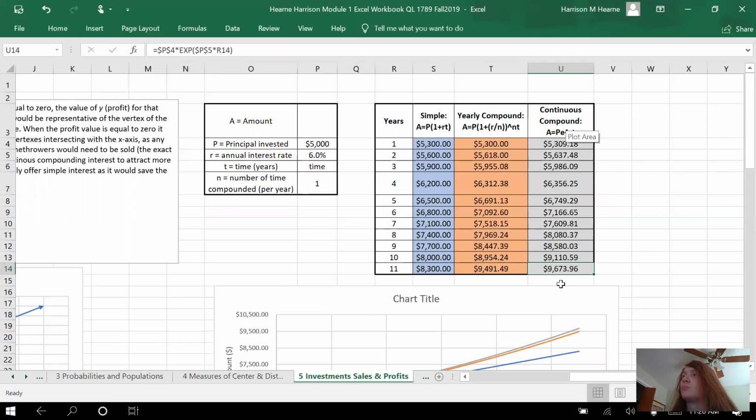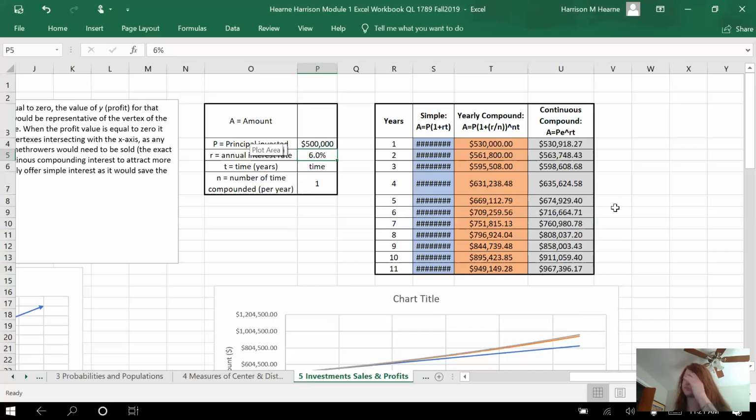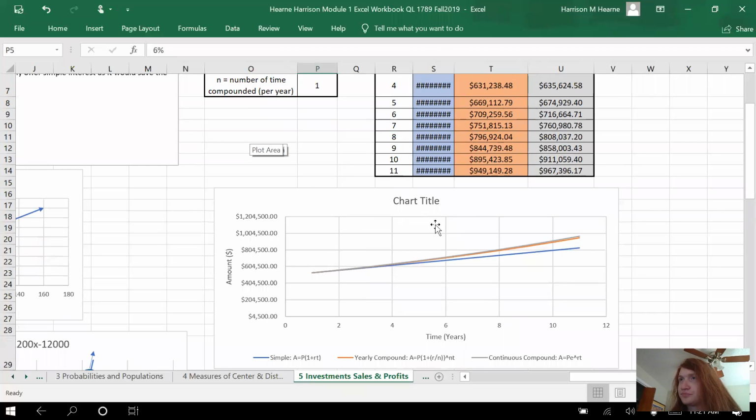If these numbers were much larger, say for instance, I'm going to real quick change our total principal. Instead of being 5,000, let's change it to 500,000 and see how that changes things. So you can see these are all about the same function. It's not a massive difference between the way that these looked last time.